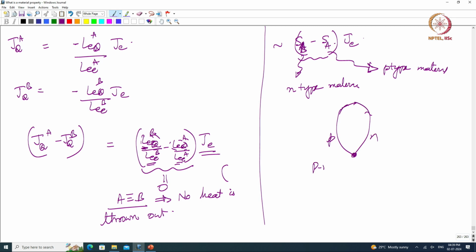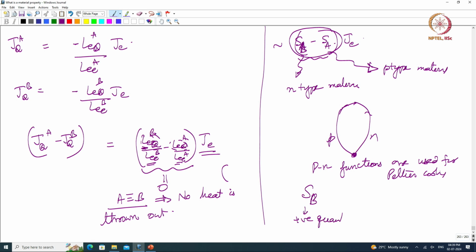Then this quantity is going to be S_B, which is a positive quantity, minus S_A, this is a negative quantity, right.